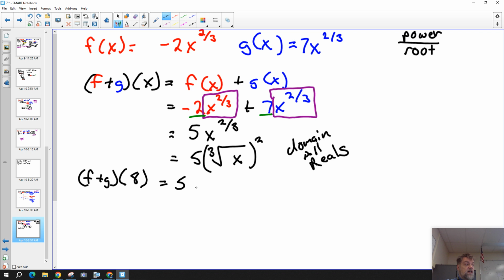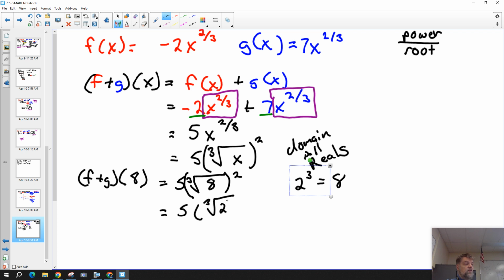Well, this is 5 times the cube root of 8 and all of that stuff squared. Well, remember that 2 cubed is equal to 8. So this is the same as 5 times the cube root of 2 cubed, squared. Now remember that the cube root and the cube undo each other.